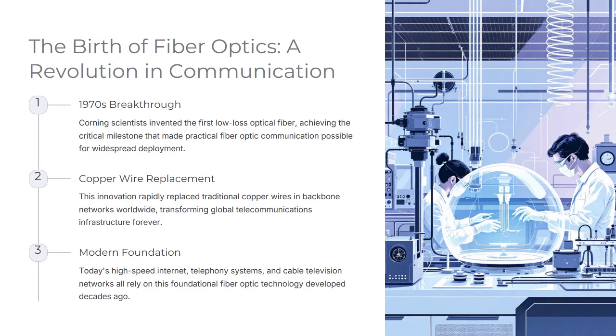The major breakthrough happened in the 1970s, when scientists created a low loss optical cable to replace copper wires, the conventional method of carrying information from one point to another.